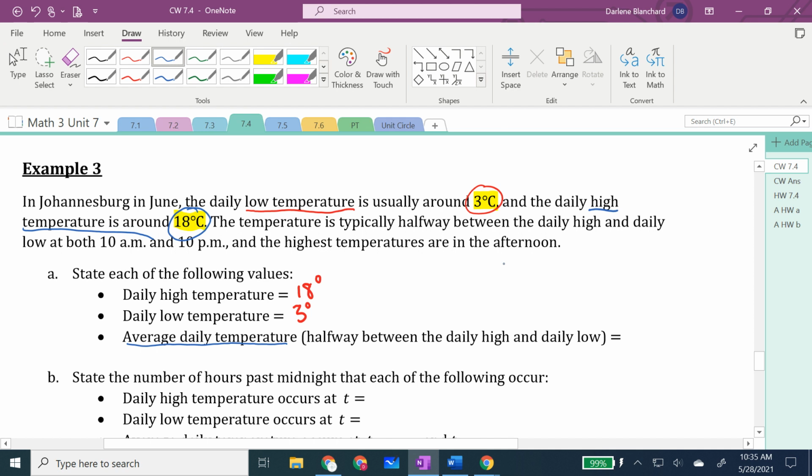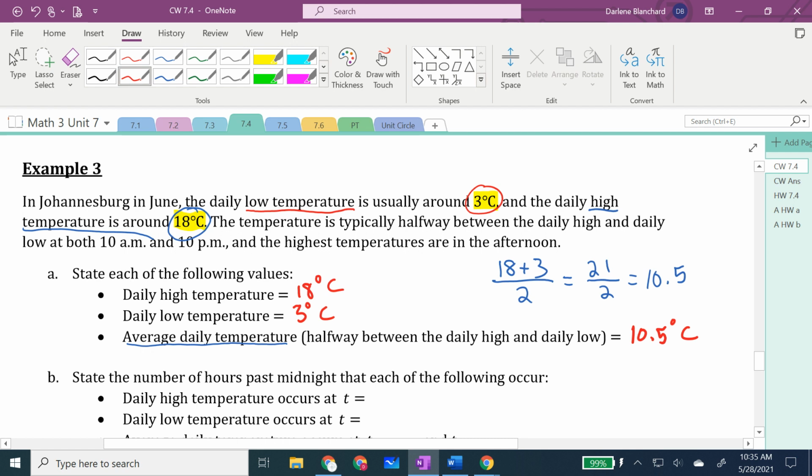So if I'm looking for average, I have 2 numbers and I want the average of 2 numbers. So I add them together and divide by how many numbers I added. And that gives me a fraction. So not necessarily what we wanted, but that's going to give me 21 halves, which is 10.5 degrees Celsius.